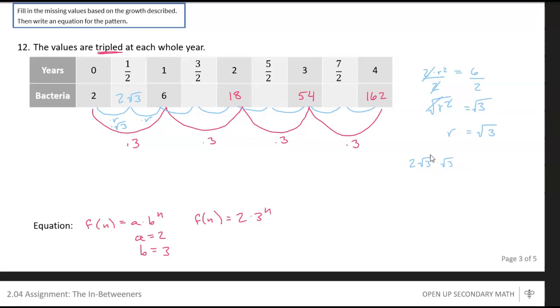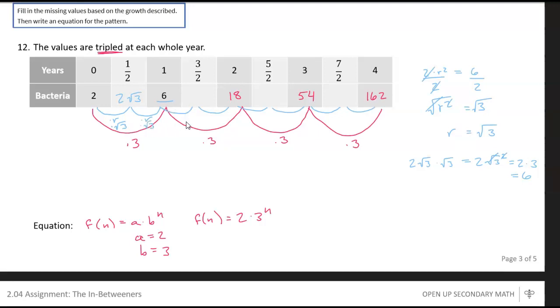Anything times itself means we're squaring it, right? So that's going to be 2 root 3 squared. The square root and the square cancel. We get 2 times 3, which is in fact 6. That is what we got. So that is the correct ratio, or the correct factor rather, to multiply by at each step.